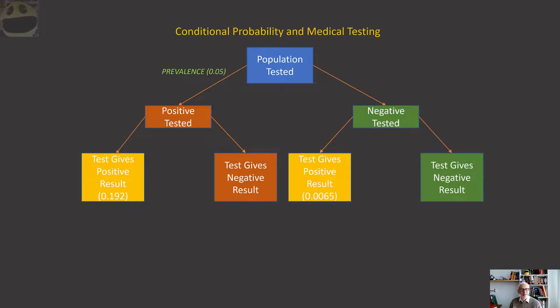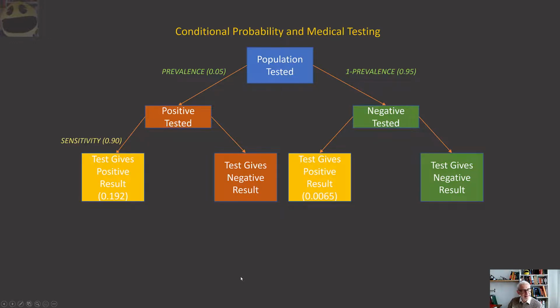Prevalence 0.05. Now what that means is that we are able to measure the actual number of people in the population that are positive, and that would usually be by a much more detailed test, such as a PCR test, which is much more reliable, much more accurate than a lateral flow test. So we imagine that 5% of the population is infected, 95% is not infected.